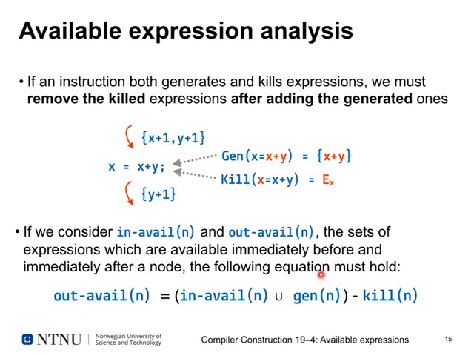We add to this set the ones generated by this instruction, and from this joint set we subtract afterwards, and that's important, the ones that are killed. The order of evaluating this is important for exactly our corner case here, where we use a variable which generates a new expression and then kill it right away by assigning to one of the variables contained in this expression.